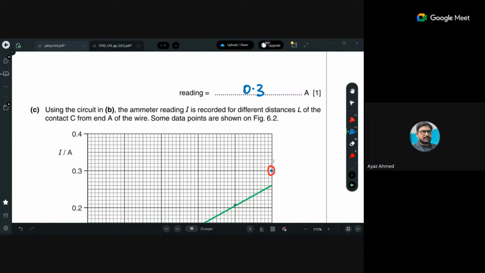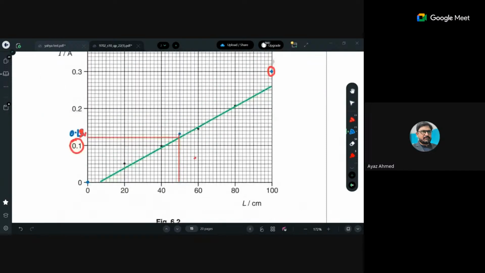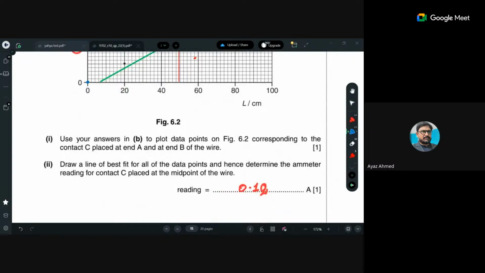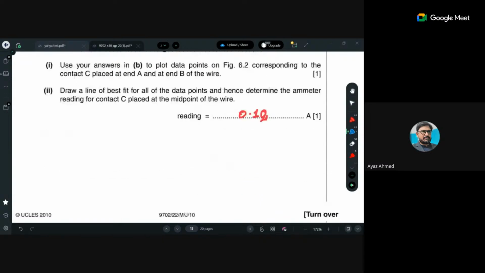Across the length, using the circuit. The different lengths of the distance C and the wire, some data is plotted, and length is given to you. Current is given to you.